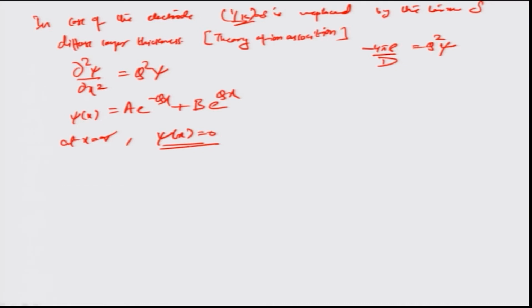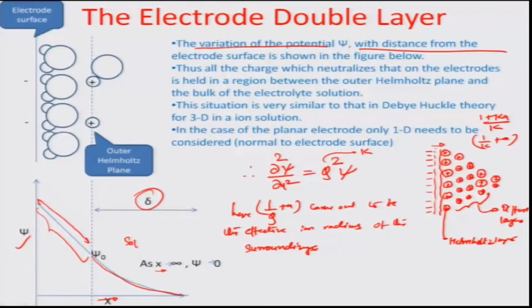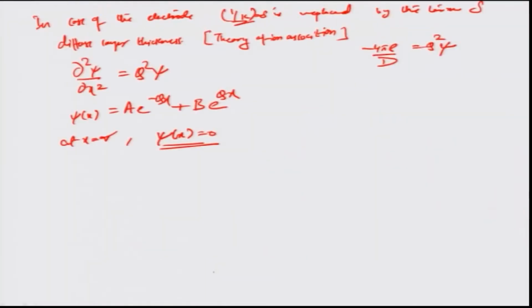You can see here that corresponding to the infinite distance, the potential asymptotically goes all the way to 0 as one boundary, from which we will be able to predict a few facts about this equation. So obviously this is possible only when b is 0, and psi of x in this case, the potential function, is actually given by a e to the power of minus qx.